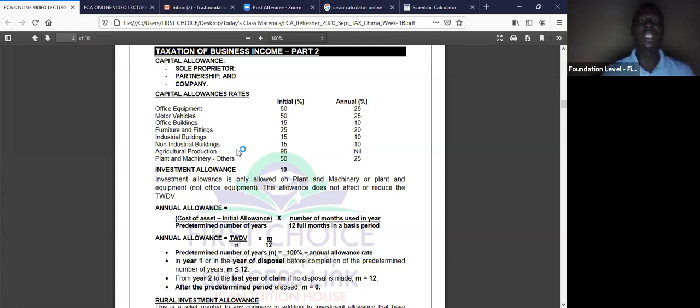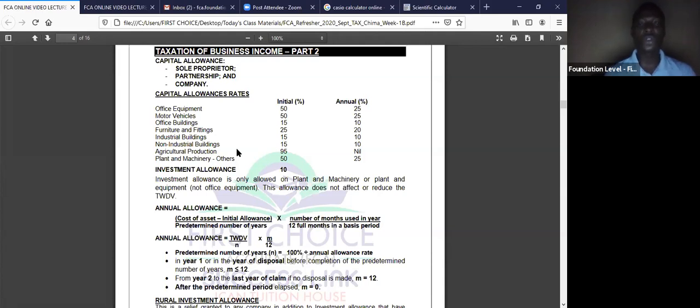So let's say at the end of 4 years, you've claimed all your capital allowance. If there is nothing left in the asset side, you are telling the account that that asset is no longer in your coffers. That asset is no longer in your possession. So the 10 naira is just to show that you still have that asset listed in your asset schedule.